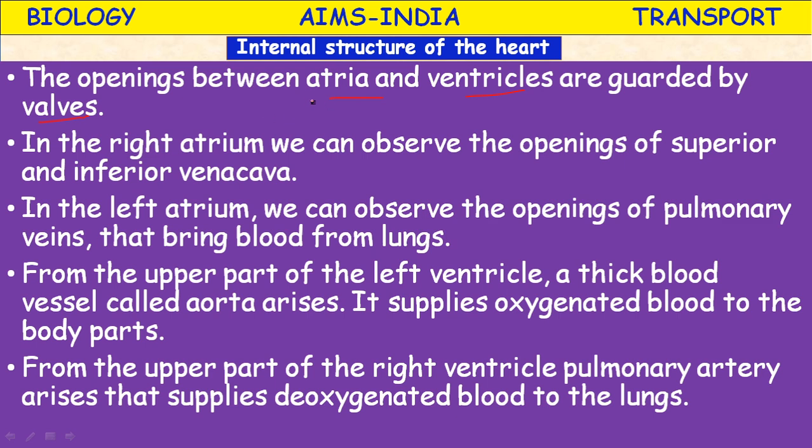Two auricles are separated by the interauricular septum, two ventricles are separated by the interventricular septum. Even auricles and ventricles are also separated by the auriculoventricular septum. This auriculoventricular septum is guarded by the valves, because these valves are muscular structures which prevent the backward flow of blood.